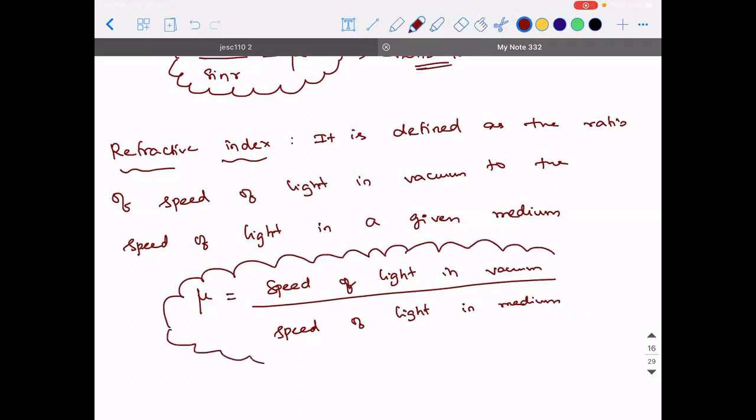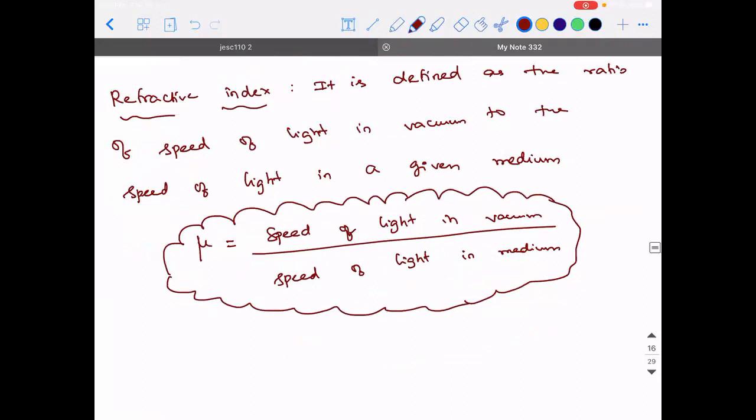There is another important definition. It has no units. Shall I proceed?